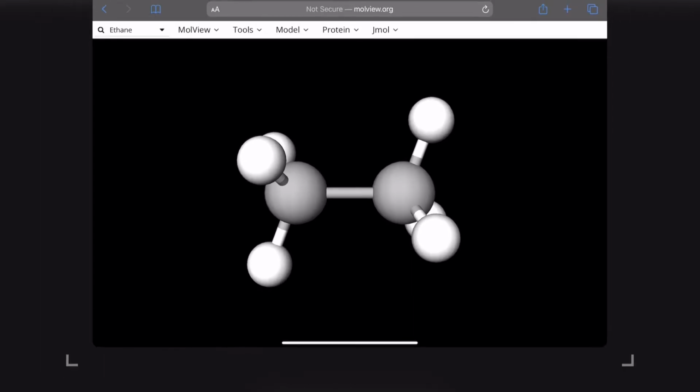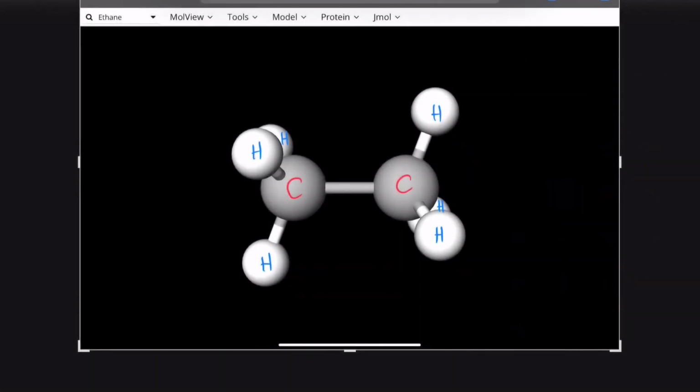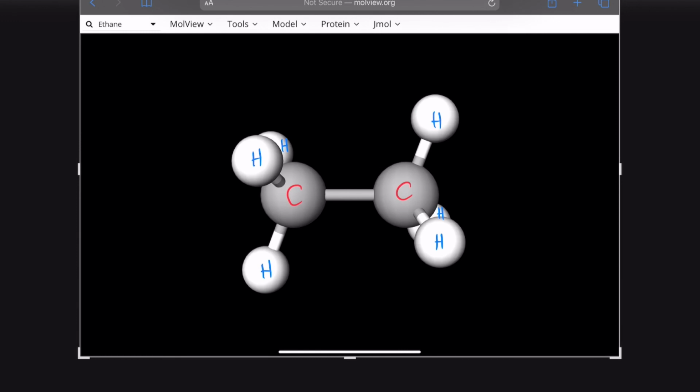These are the 2 carbons, and everything in white that you see here are the hydrogens. Now let's see how this can be interpreted in any other format.